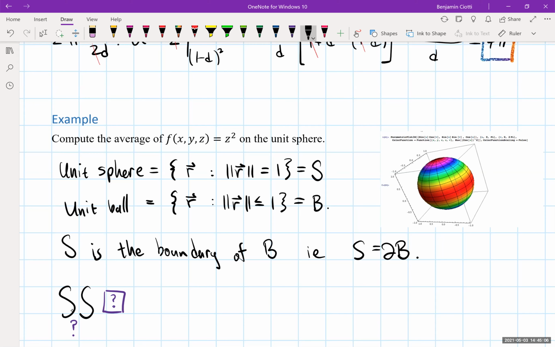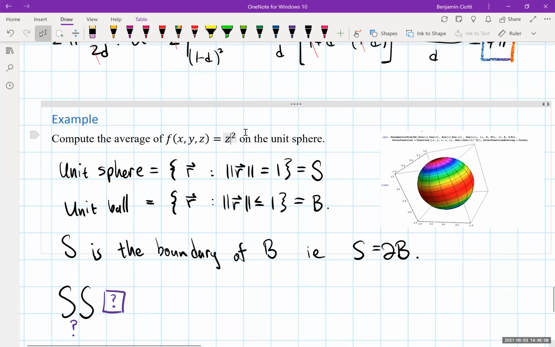It's the average, let's see. Well, surface area would be a part of the calculation. So it's this function, z squared. I don't know if a good physical interpretation. It would actually be related to the moment of inertia of this shape.